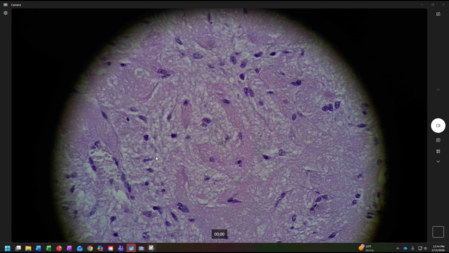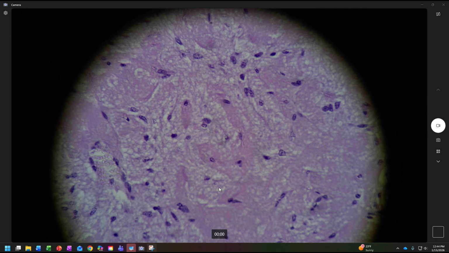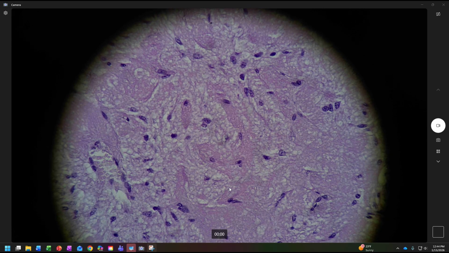I'm sure there are names for it, but we're just going to focus on the fact that this is a little more wispy. The nuclei are not packed tightly together, so it looks a little more wispy. It looks a little lighter in color because things aren't so densely packed together.